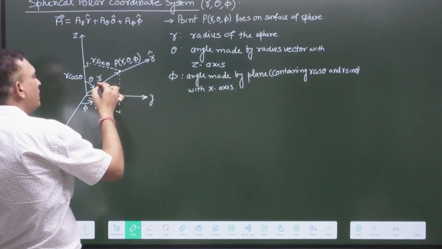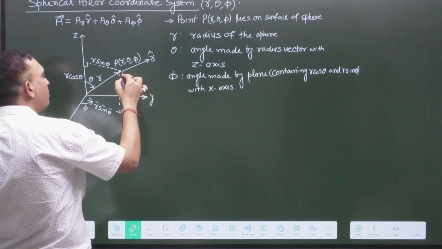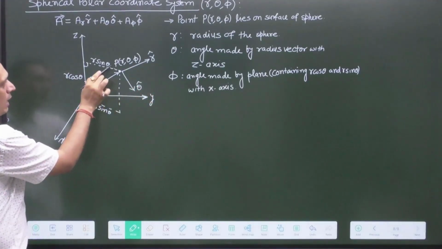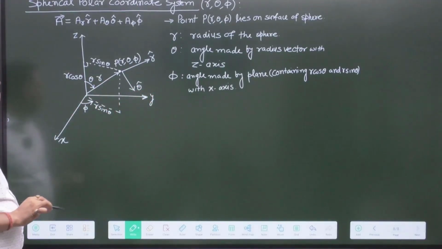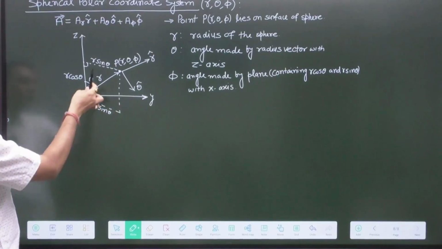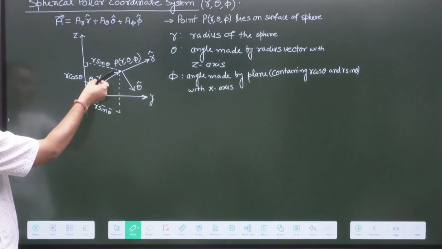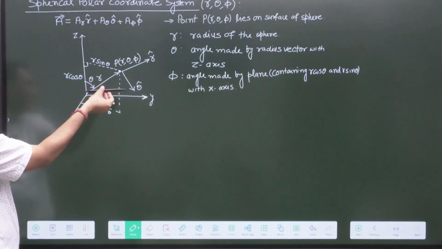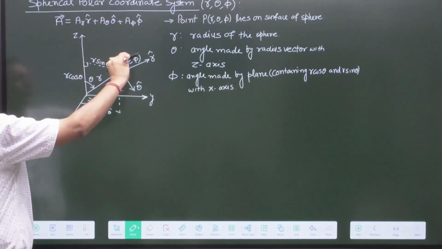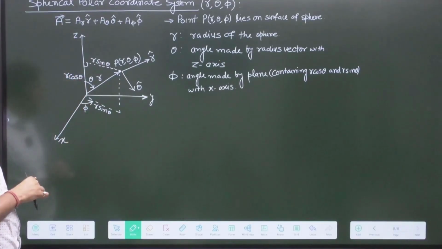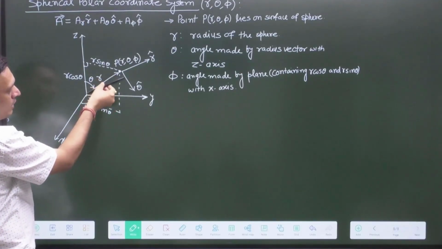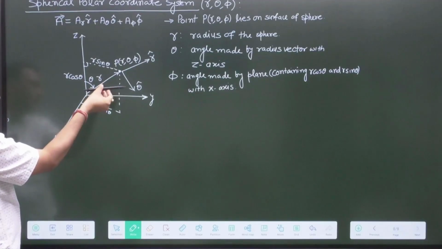Now theta cap is perpendicular to r cap in the increasing direction of theta, because if point P moves in this direction, theta is increasing. So that's why this is positive theta. Negative theta is opposite to this. Negative r is opposite to this. Clear? If point P moves in the theta cap direction, theta is increasing.